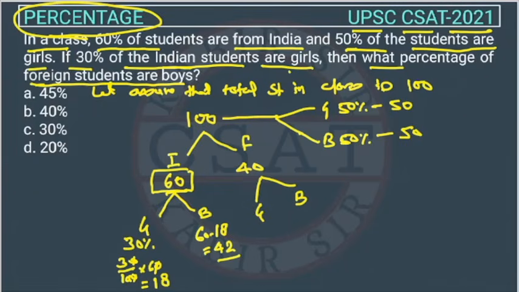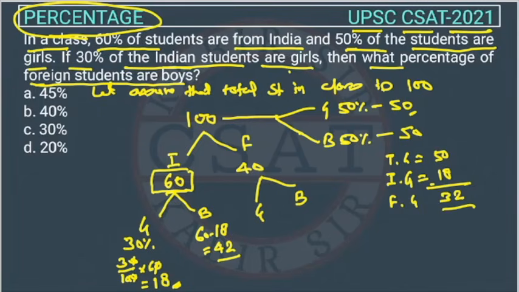So how many foreign girls will be there? 18 girls are here, total girls are 50. So total girls they have given are 50, Indian girls are 18, then foreign girls will be 50 minus 18, which is 32. So foreign girls are 32. If foreign girls are 32, then foreign boys will be 40 minus 32, which is 8.